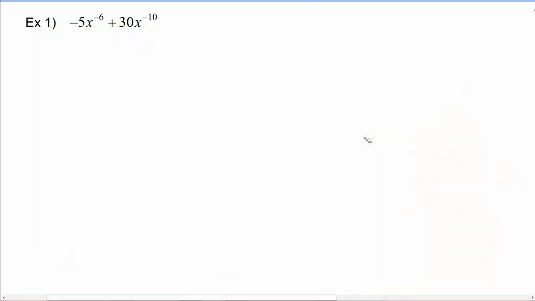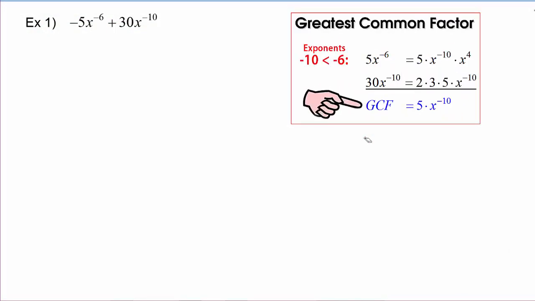Okay, let's take a look at example 1. We have to factor out the greatest common factor. We're going to be taking out a negative 5, x to the negative 10.